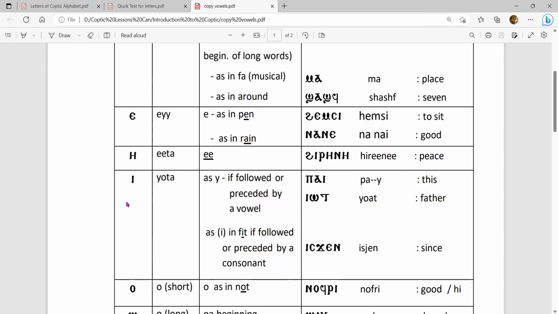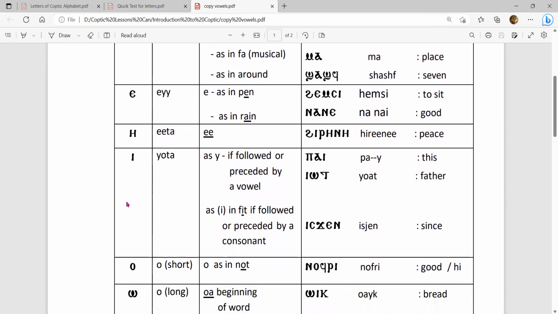Okay. Next, the iota. The iota has two pronunciations.